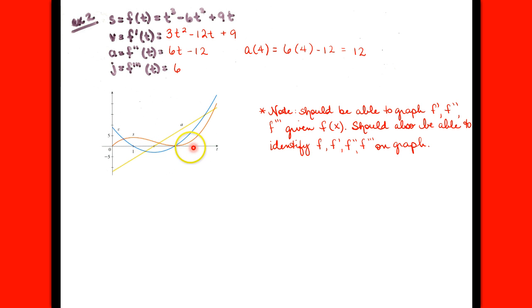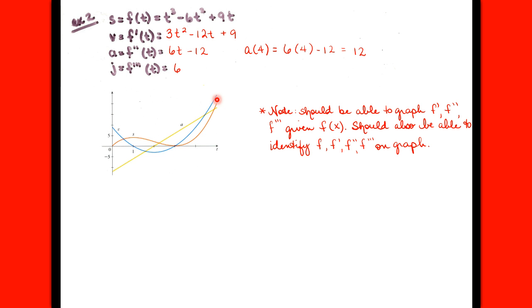Horizontal tangent line right here, there would be an x-intercept on my derivative. Then we looked at where the original function was increasing. So original function increasing from 0 to 1, my derivative should be positive there, and it is. Original function decreasing from 1 to 3, derivative should be negative there, and it is. Original function increasing from 3 to 5, derivative should be positive there, and it is.